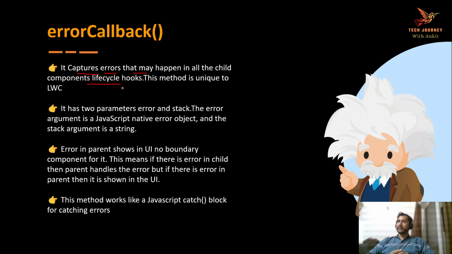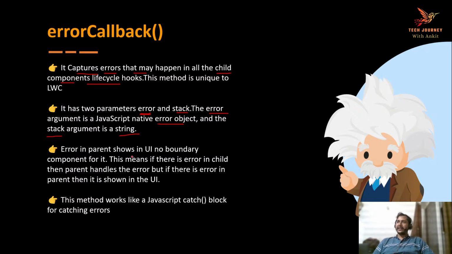This error callback method takes two parameters: first is the error and second is the stack, where error is the error object and stack is a string. So error callback always comes with two parameters.